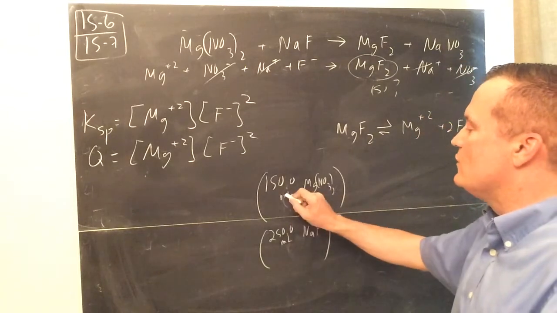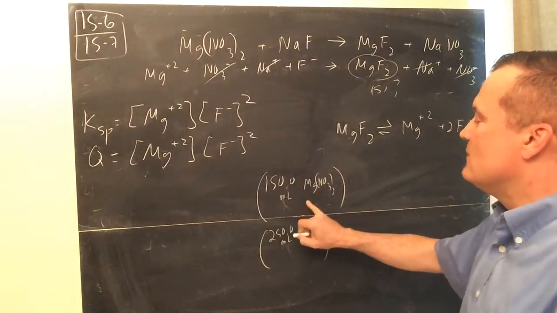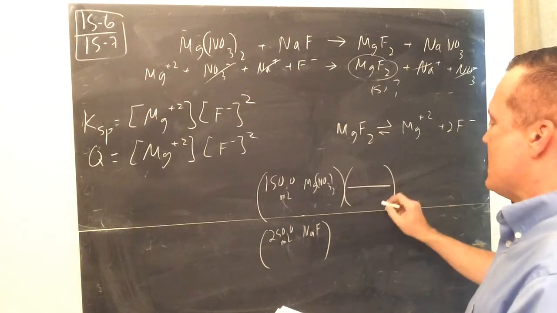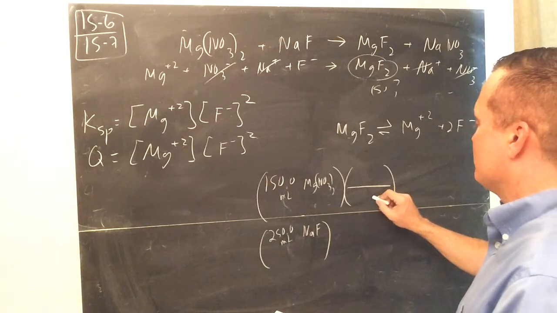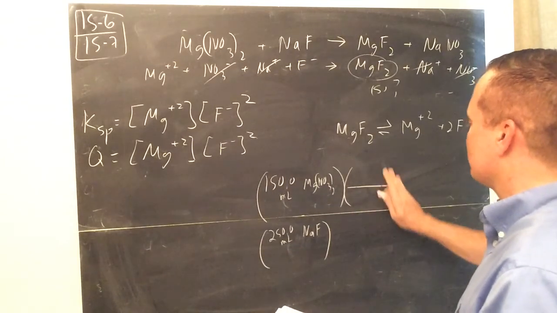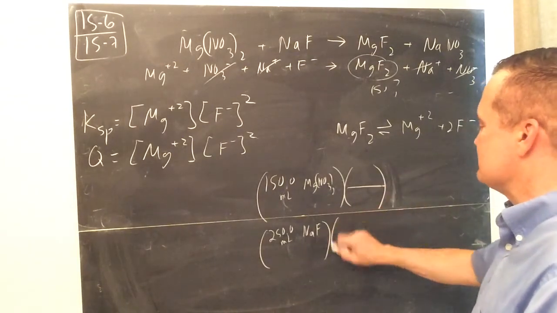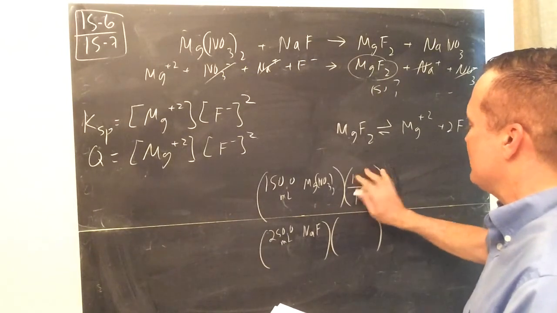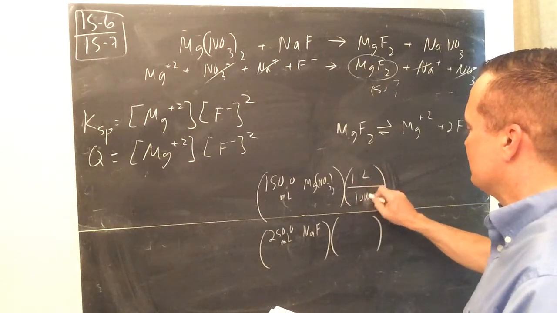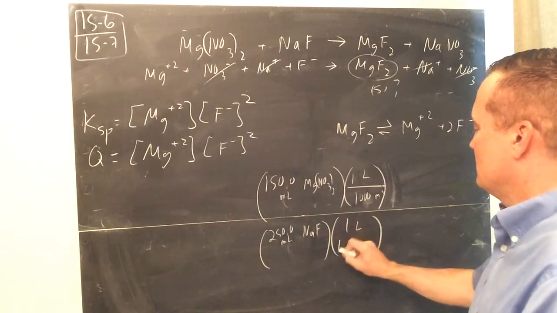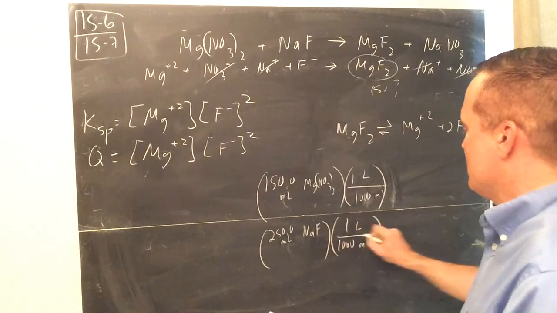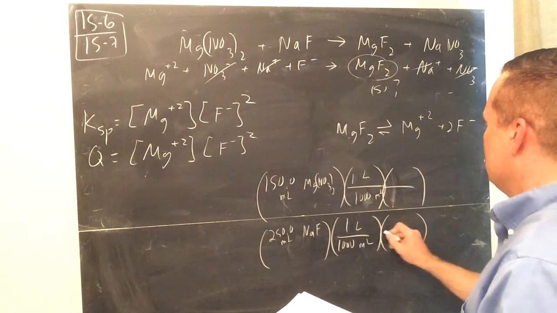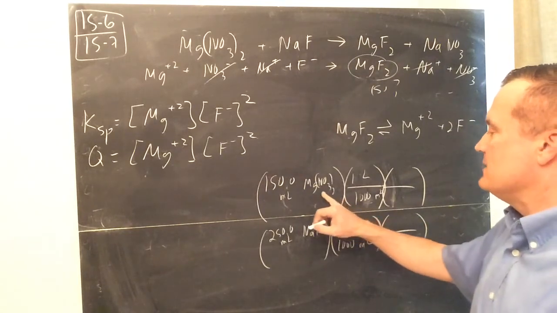I want to get to how many moles of this I'm going to have. So first I got to go from milliliter to liter. Now, I'm going to run out of space. I'm going to try to write small so it'll fit here. 1 liter divided by 1,000 milliliter. Then, remember, I'm going from mole to liter by using molarity.